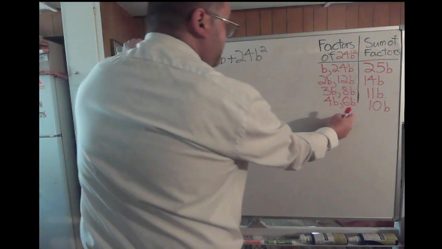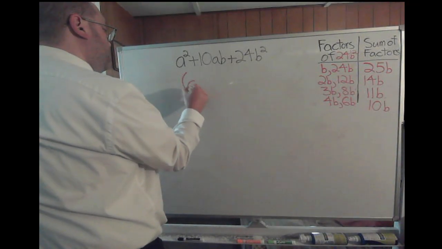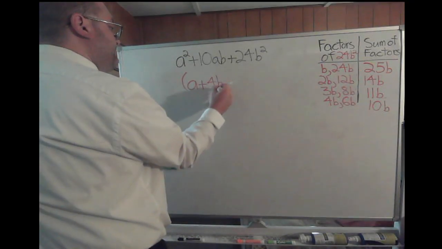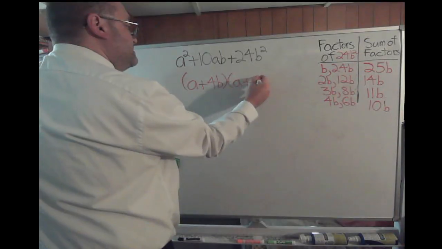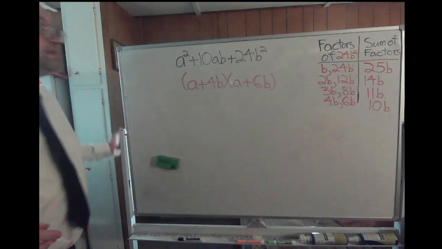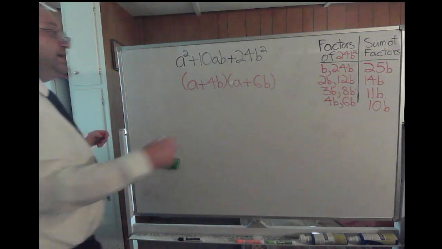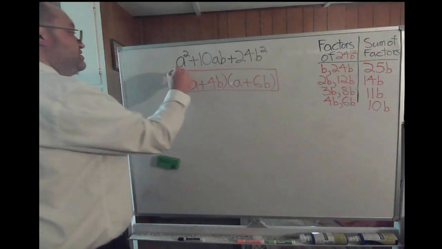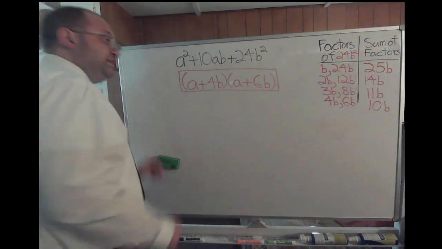That's going to be your 4b and 6b. So you're going to take the quantity of a plus 4b times the quantity of a plus 6b. That would be the answer you get for your factors of a squared plus 10ab plus 24b squared.